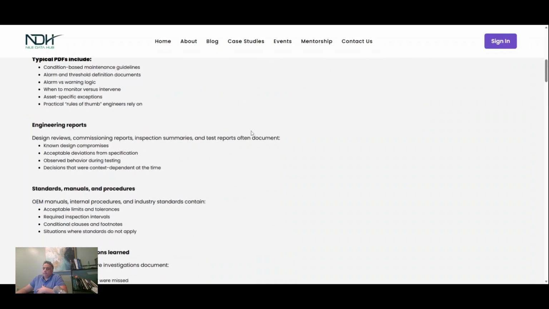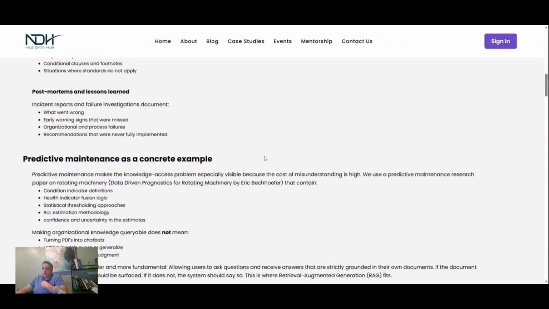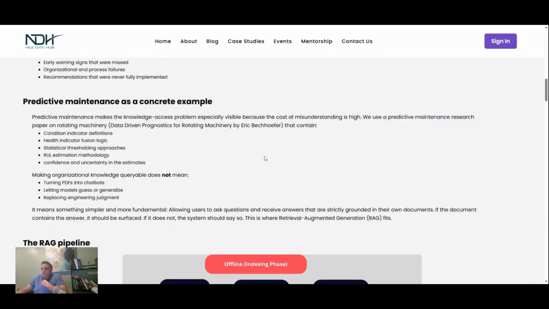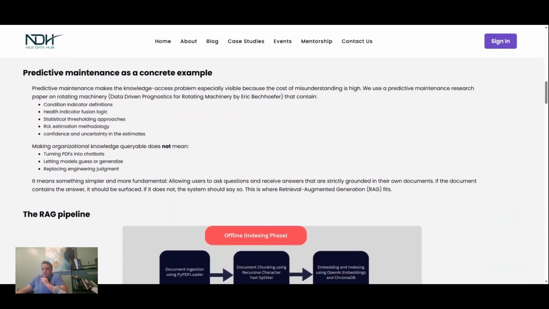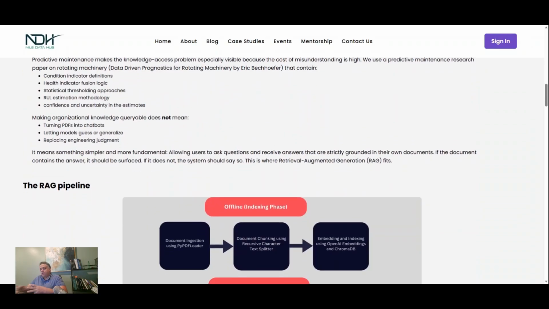So it's becoming really hard to dig for specific information and find it in real time. The approach that I'm describing in this article is called retrieval augmented generation.